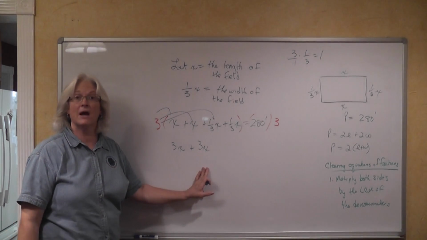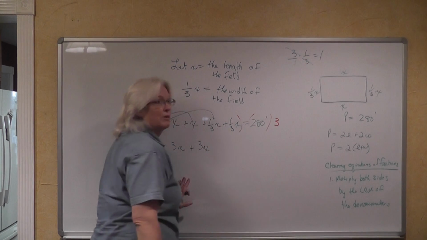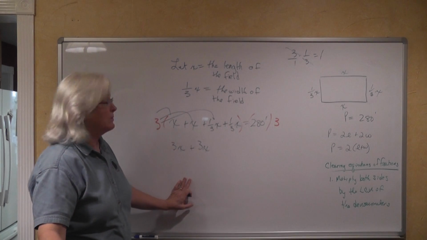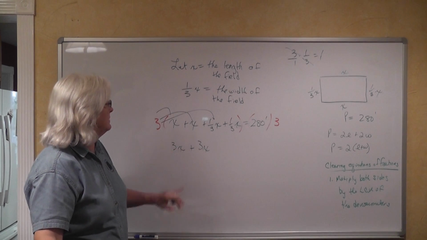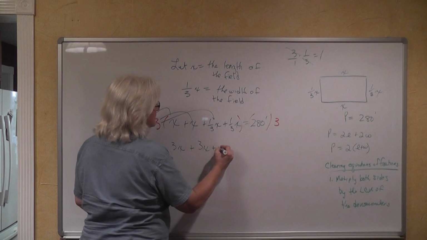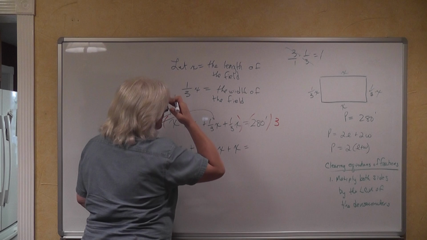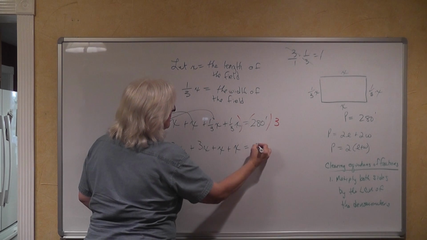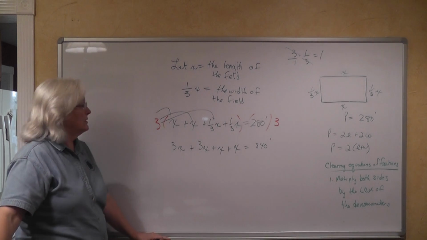You have a common factor of 3 that cancels. Or 3/3 is always going to be equal to 1. If you cut a pie in 3 pieces and you eat 3 pieces, you've eaten the whole pie. Plus 3 times 1/3 x, which is x, or 1x. Then we have 3 times 280, which is 840 feet.